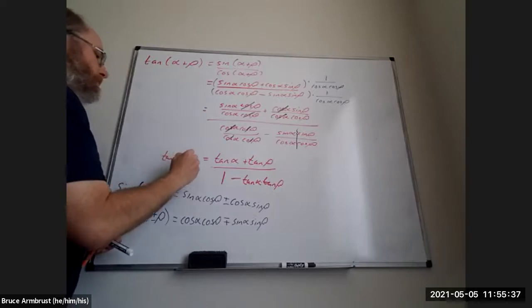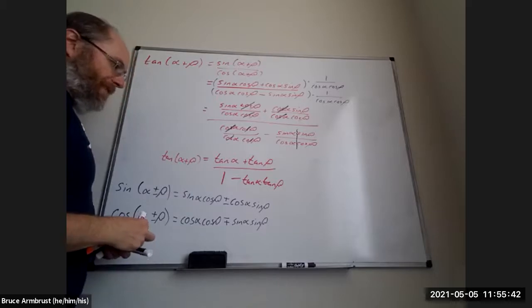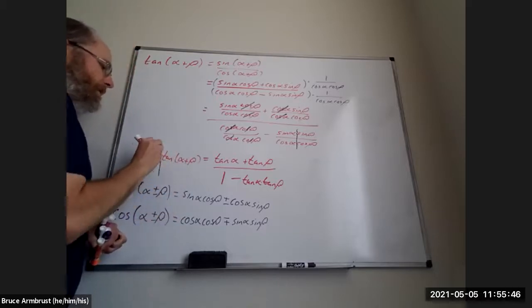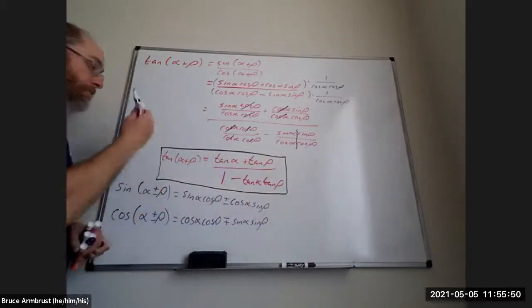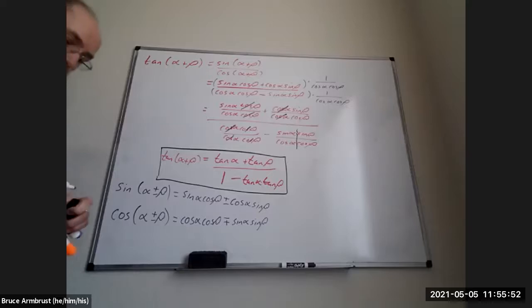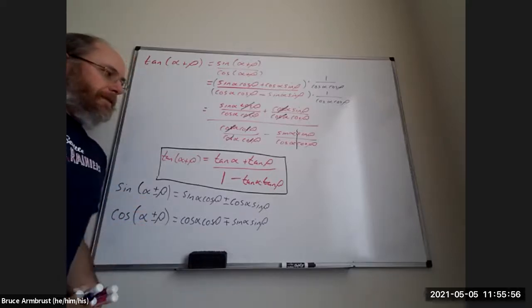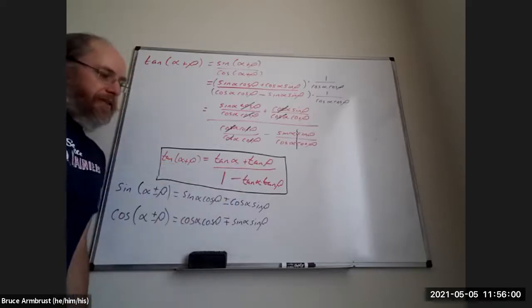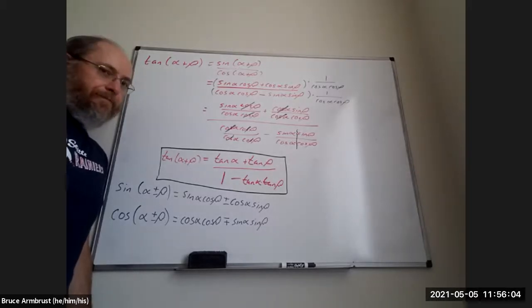And so this is now what we're going to box, because this is sort of the standard form, what we normally see for the sum of angles for tangents. So if you're going to take the tangent of the sum of things, you have to add the individual tangents and then divide by 1 minus the product of the tangents.